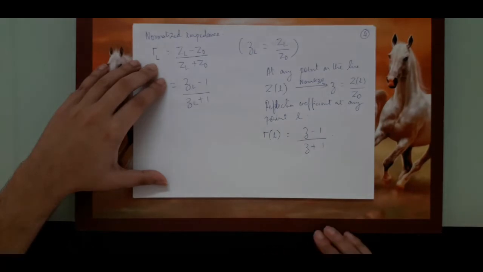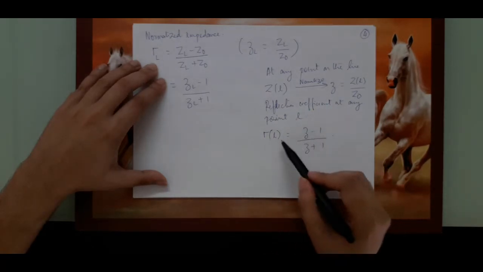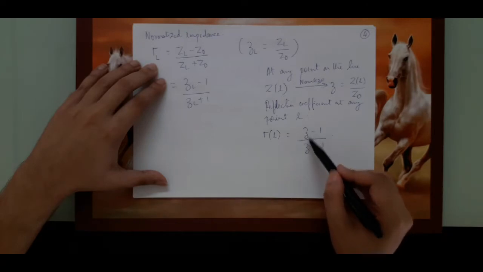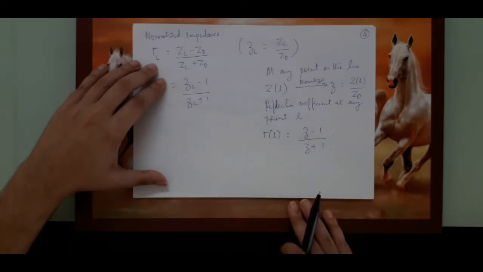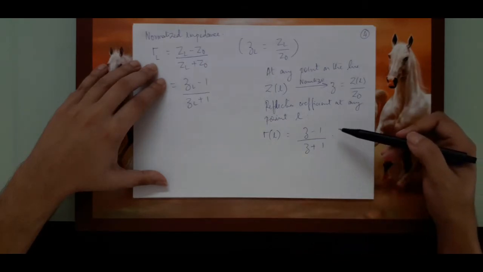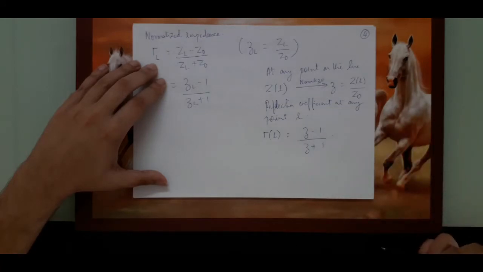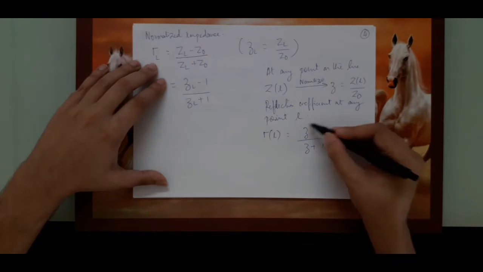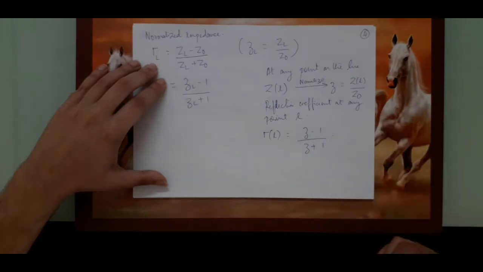So what you see is that the impedance or the normalized impedance is a dimensionless quantity. So the ratio of two dimensionless quantities gives us something which is also dimensionless. Now, look at these two terms, the numerator and the denominator.